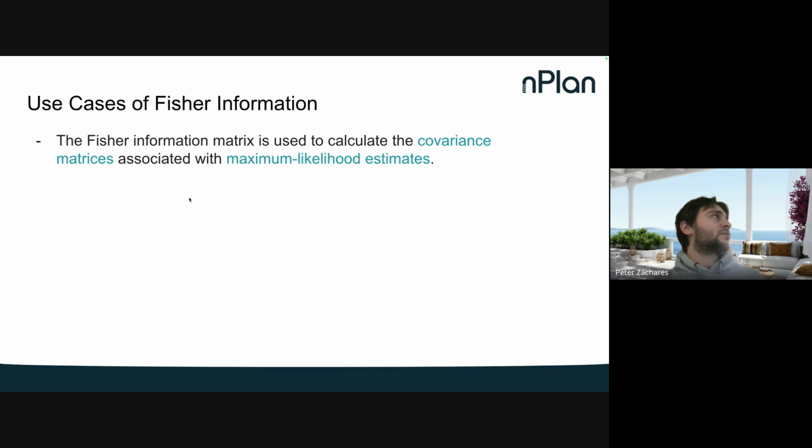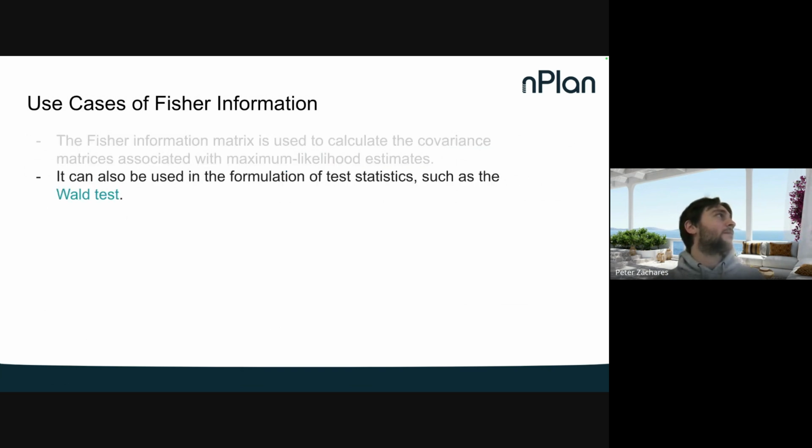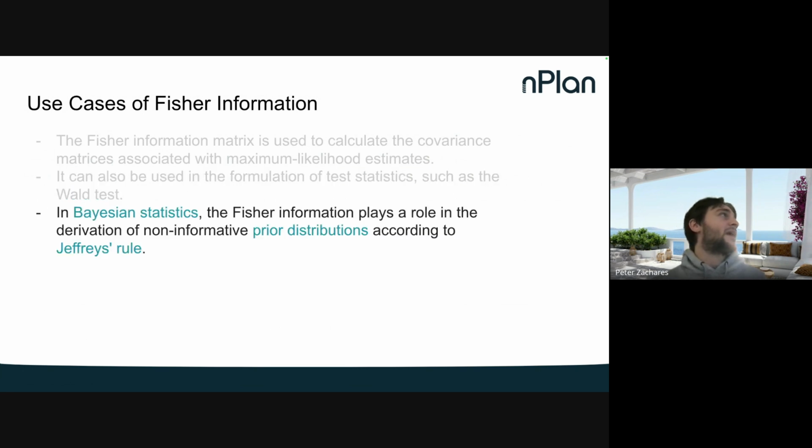But there's a relationship between the Fisher information matrix, covariance matrices, and maximum likelihood estimates. Then it's used in the formulation of test statistics, such as the Wald test. In Bayesian statistics, the Fisher information plays a key role in the derivation of non-informative prior distributions according to the Jeffreys rule. So that's pretty cool.